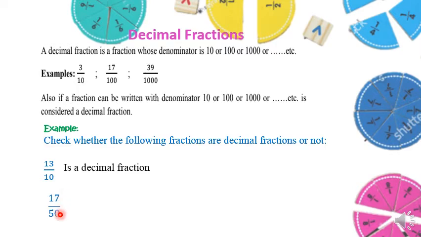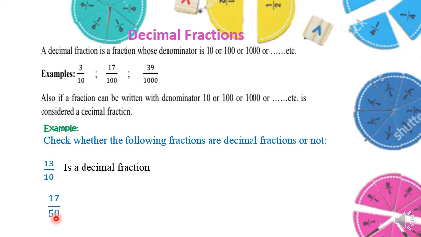If I directly look, I'm going to say no, it's not a decimal fraction. Why? Because the denominator is not 10, neither 100 nor 1000. But they told me it's also a decimal fraction if you change the denominator into 10 or 100 or 1000.